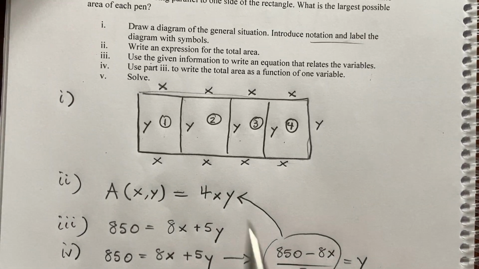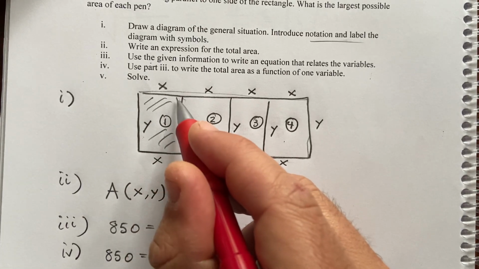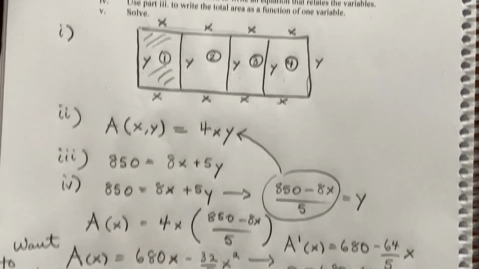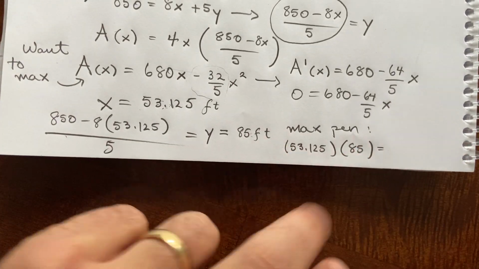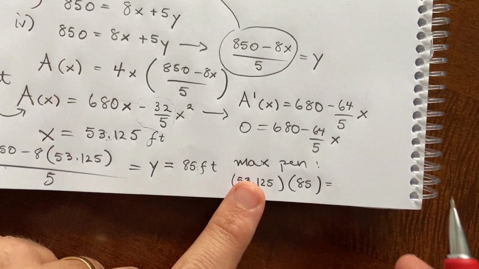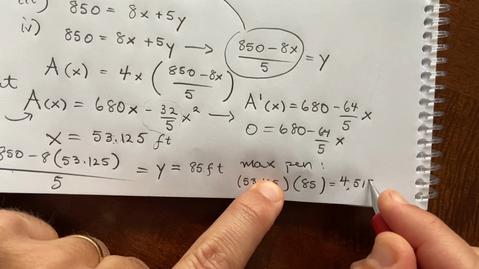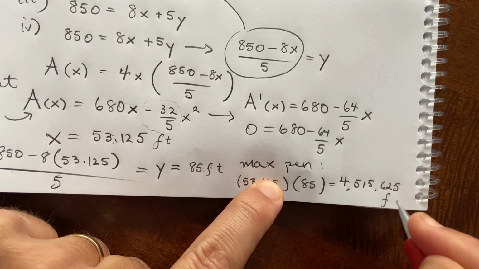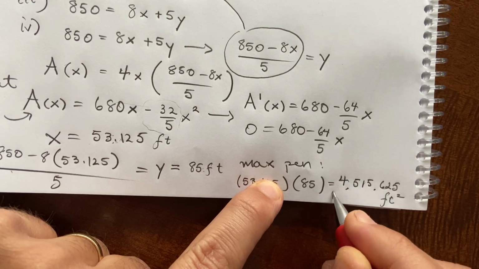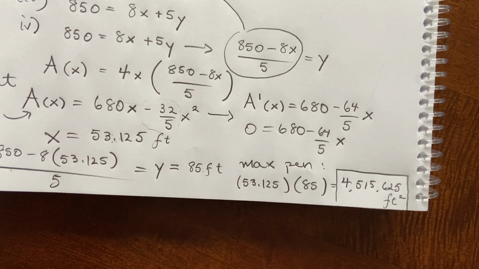In other words, I'm finding the area of just one of these pens. X times Y would be the area of this pen. And that comes out to be 4,515.625, and that would be a number of square feet.